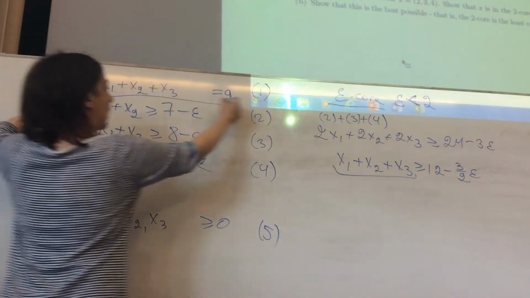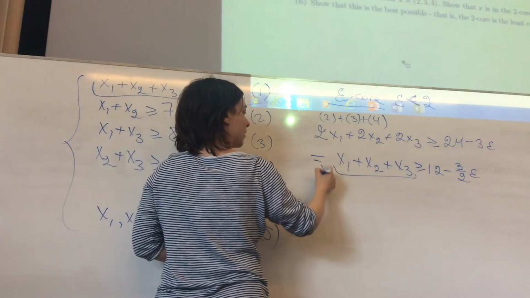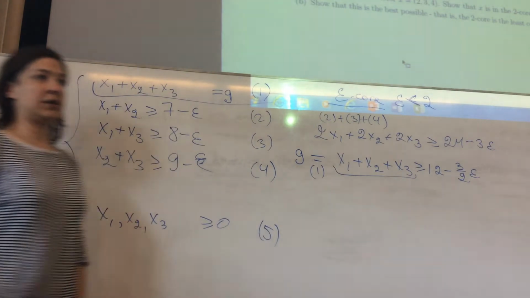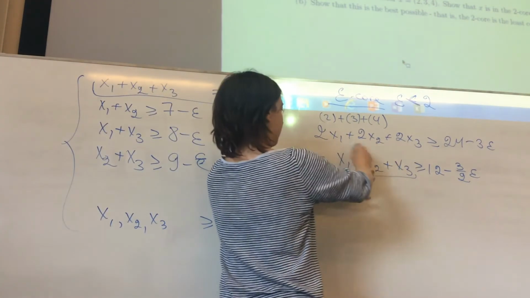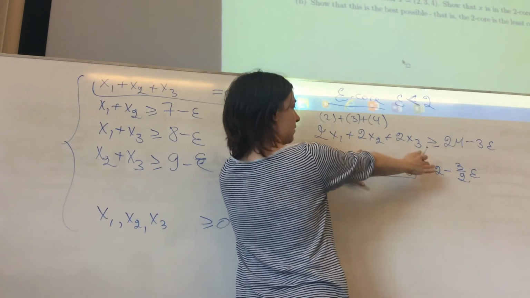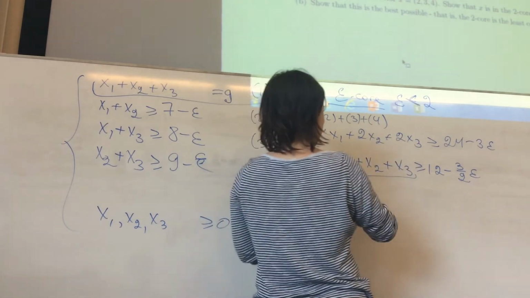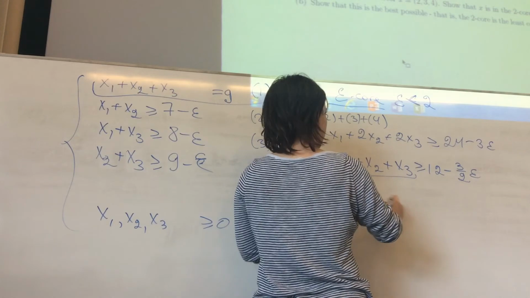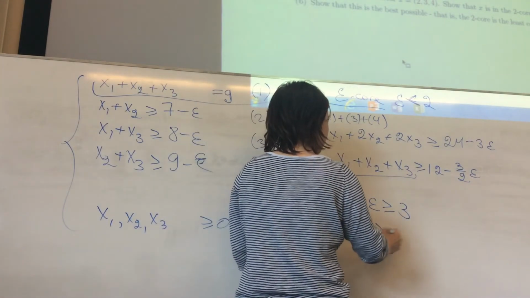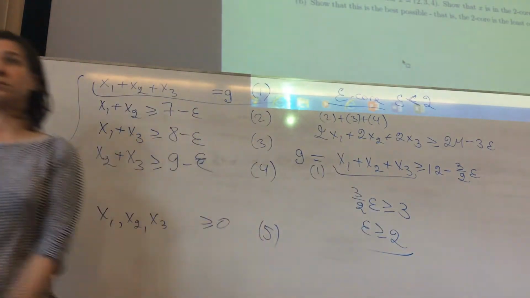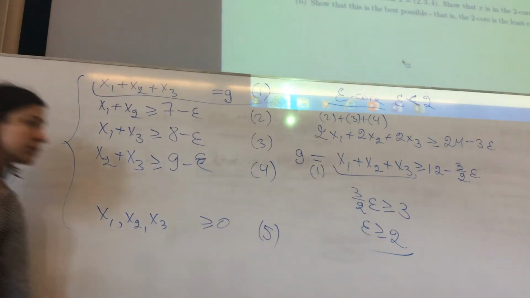Now from 1, we know that this equals 9. Right? So now I can forget about this part. And this is the inequality that I have. So I got this greater or equal than that. So epsilon greater or equal than 2.